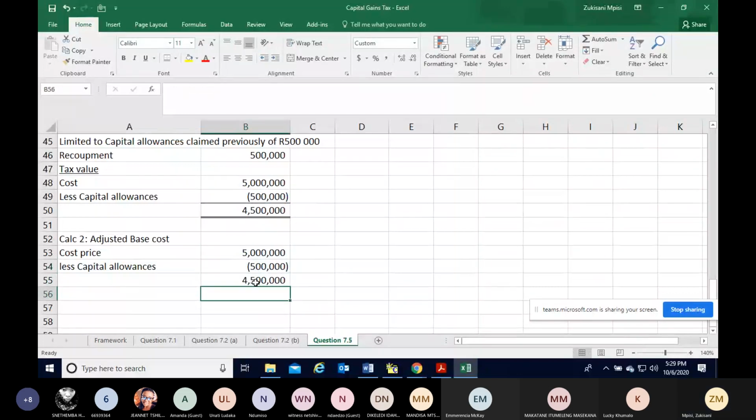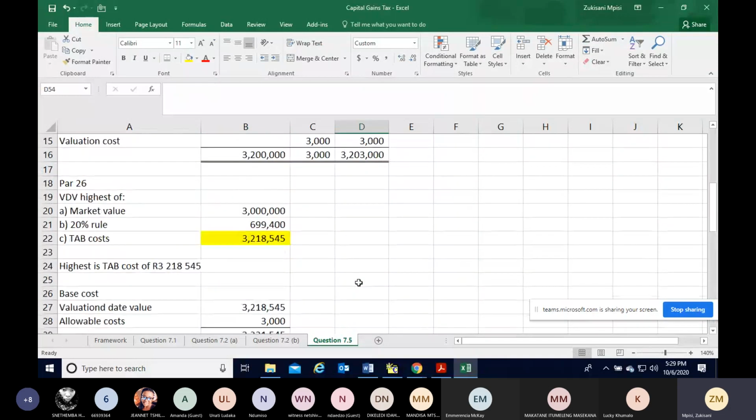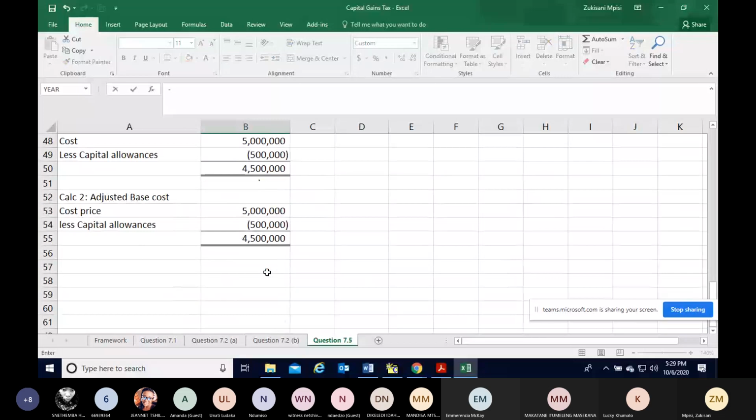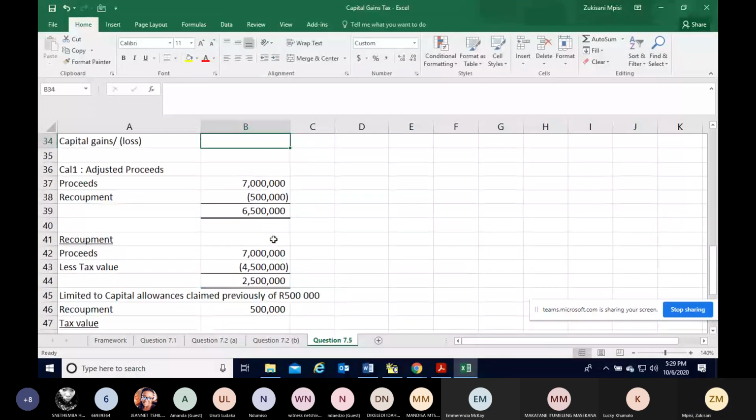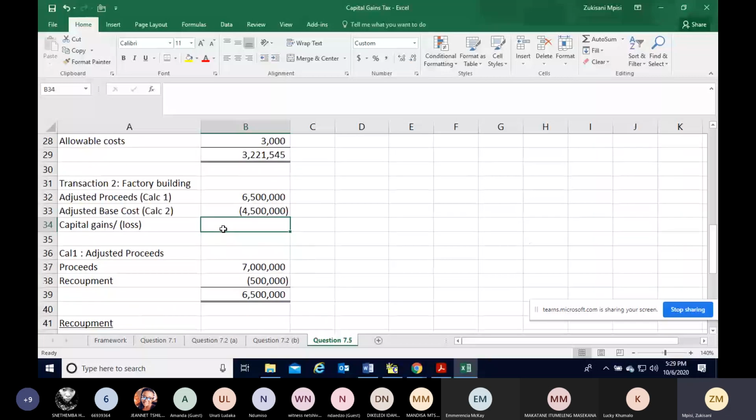Therefore, your adjusted base cost is 4,500,000. So this simply means we've got a capital gain of 2 million for transaction 2.